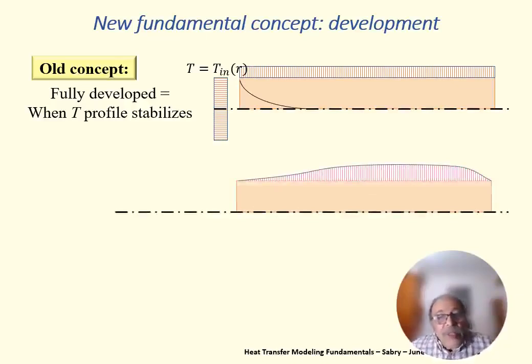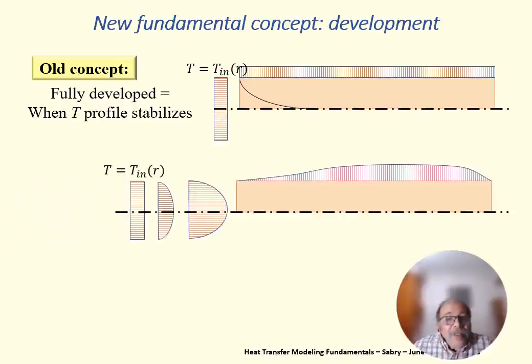Suppose I have a non-uniform heat flux, as we can see, and then at the inlet I may have different inlet profiles, either flat or parabolic or fourth degree or whatever. Then what happens is the following. At the entrance, the temperature in the fluid will be a function of the inlet temperature profile for a short distance.